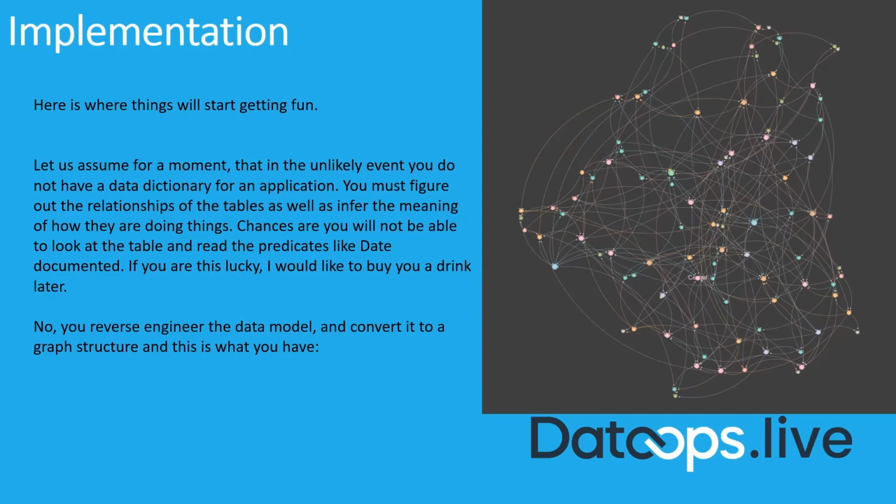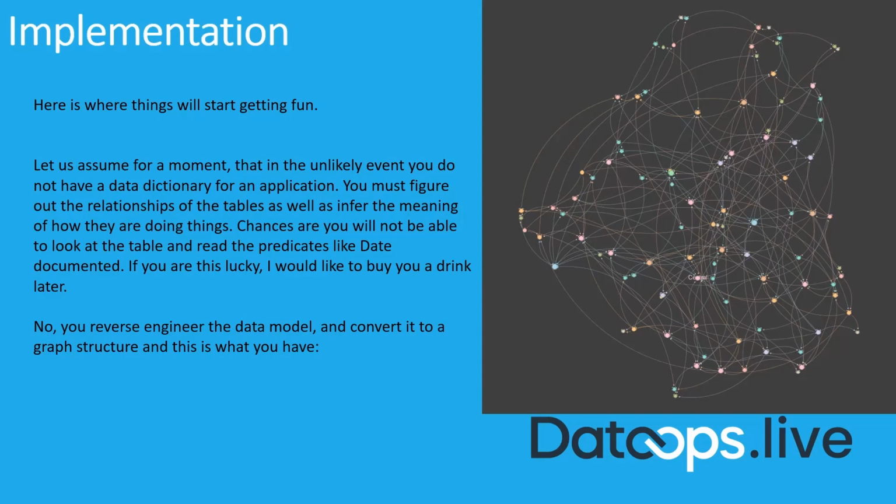I know nobody has ever had to worry about doing this, but there are times where you get an application data model and the application developers did not keep a data dictionary. They did not keep good notes about how things are to be used. So one of the things that is useful is to reverse engineer this, but to take it and put it not just in an ERD, but also in a graph.